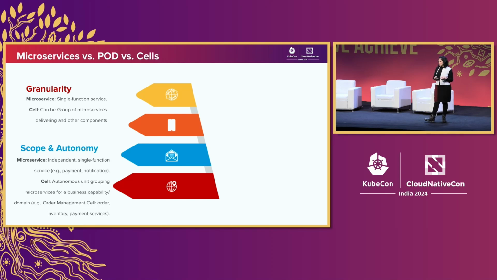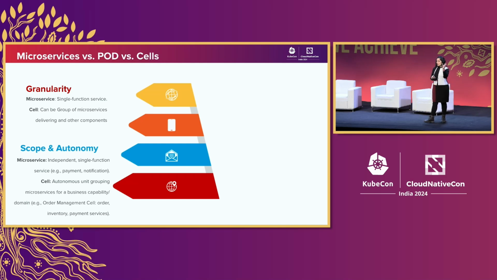Scope and autonomy. The scope of a microservice is limited to that single function, whereas a cell provides, within your business capability and your business context, whatever scope you want to build into your cell. For example, you might want to have order, inventory, payment service as your cell, where the payment service can have more components to it, and that is what you will use as your cellular architecture.